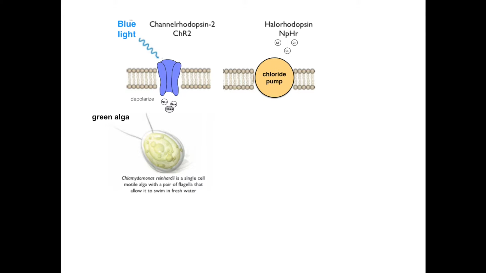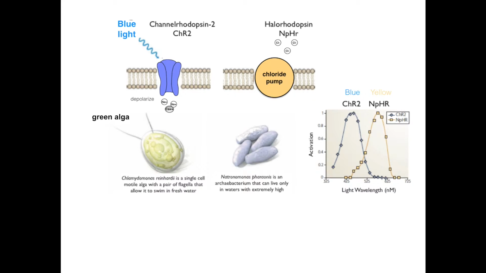This organism lives in an extreme environment in salt lakes in Africa, where the salt concentration maintains its osmotic gradient by filling itself with chloride using the halorhodopsin, which is a light-activated chloride pump. As illustrated here, when activated by yellow light, the halorhodopsin pumps chloride into cells, thereby causing the cell to hyperpolarize.